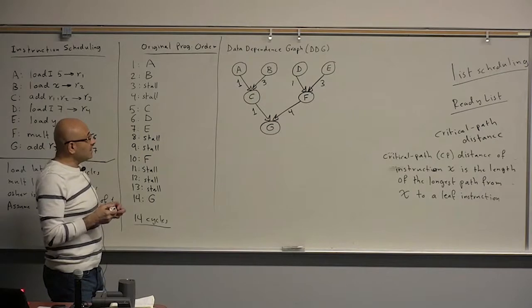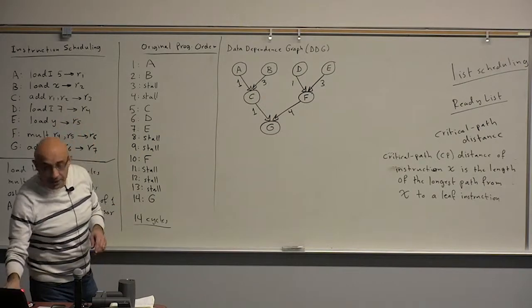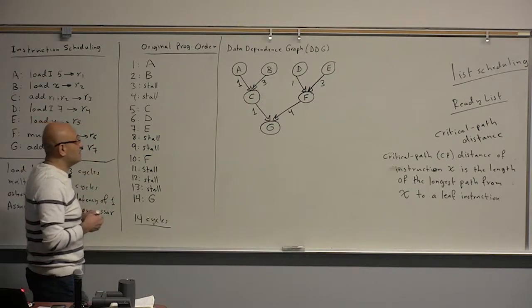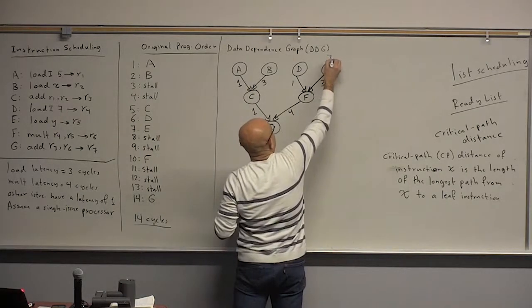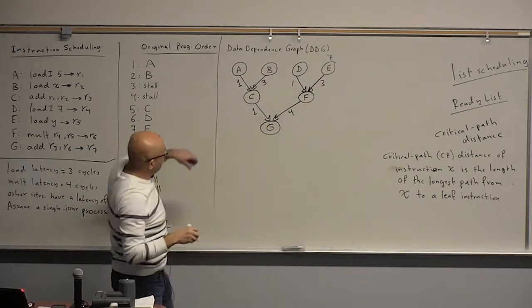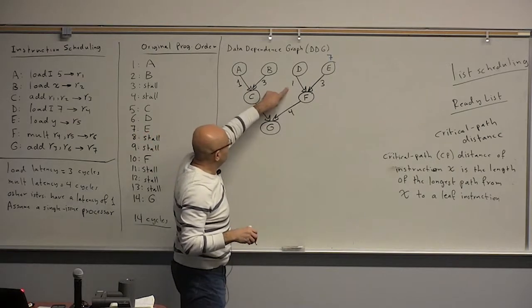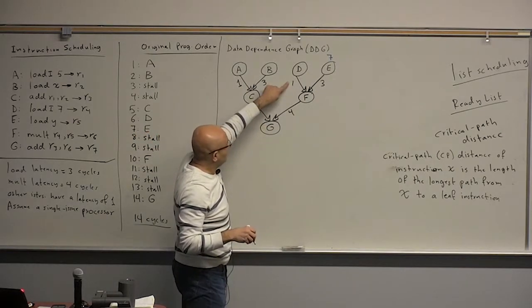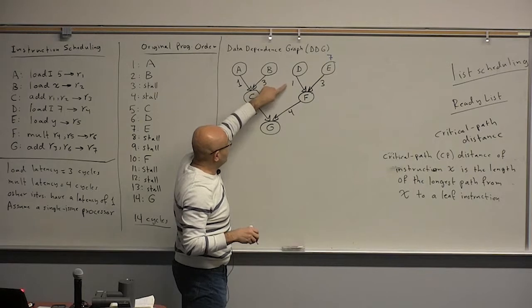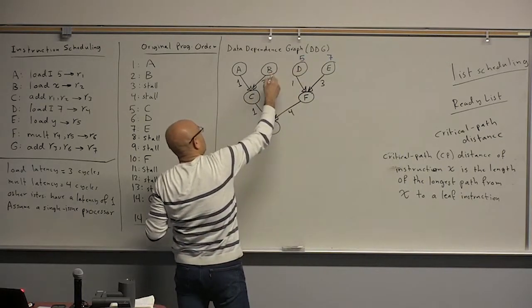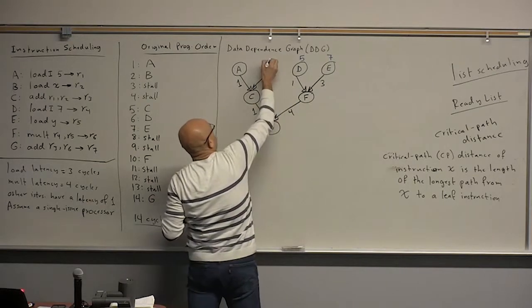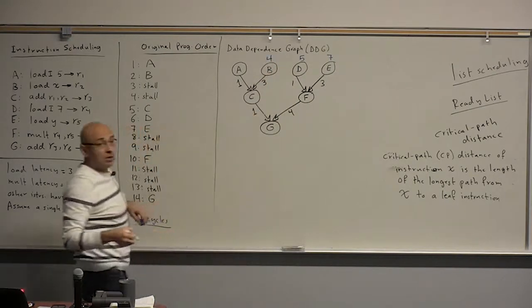So in fact, in this case, if we label each instruction with its critical path distance, the critical path distance for E is going to be 7. The critical path distance for D is what? 5. For D, it's 5, yes. Critical path distance for B is 3 plus 1, which is 4.